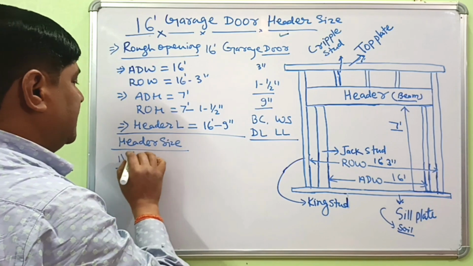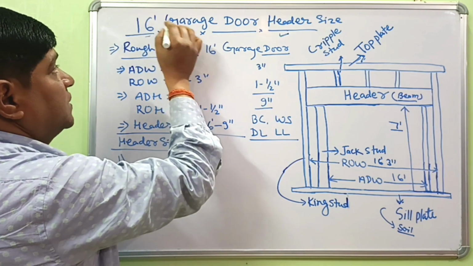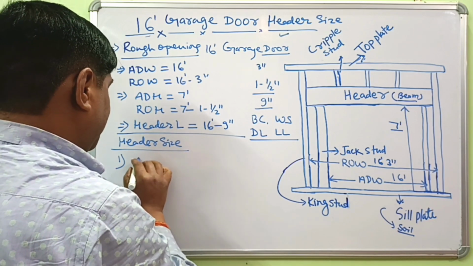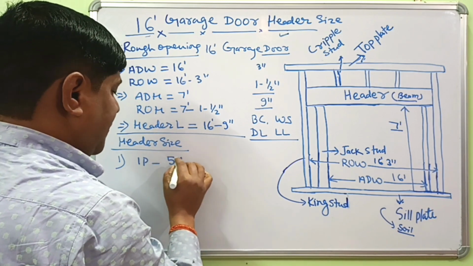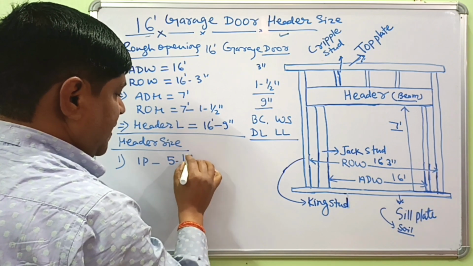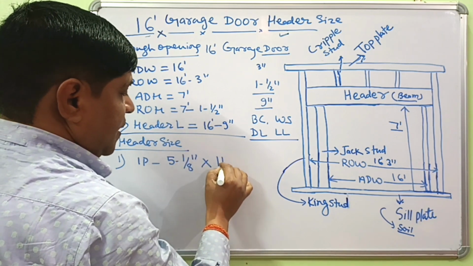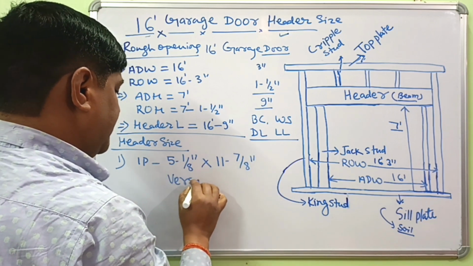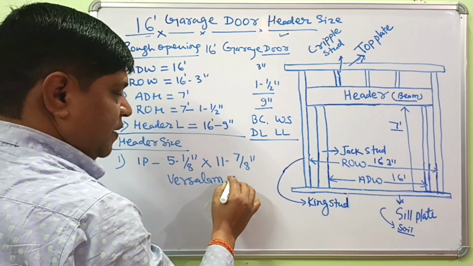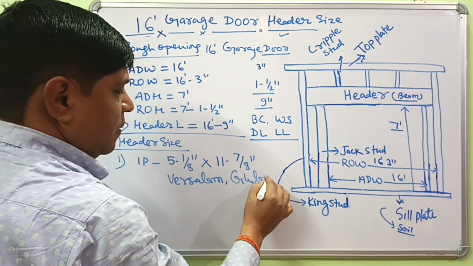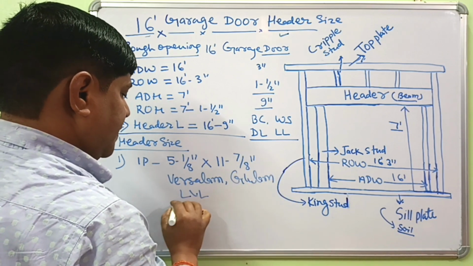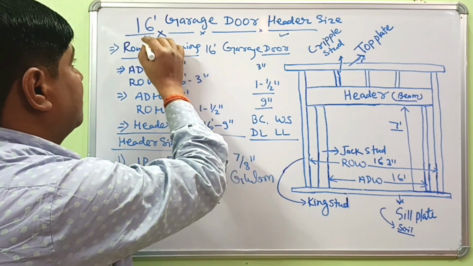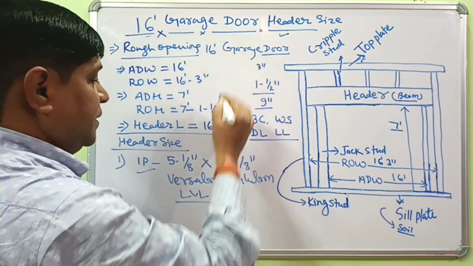But our suggestion, if you want to install a 16 foot garage door, then the header size will be one piece of 5 and 1/4 by 11 and 7/8 inches Versa-Lam, or it can be Glulam or laminated veneer lumber. This is the correct header size required for installation of a 16 foot garage door.